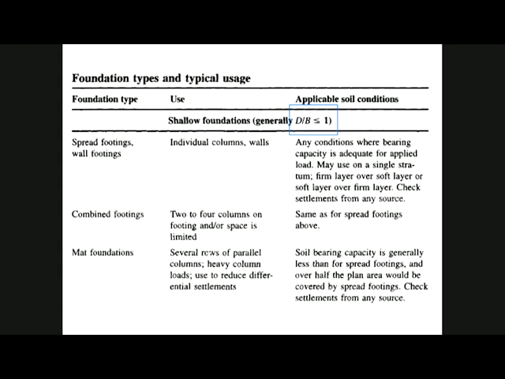Next, combined footings and mat foundations. Spread footings usually support individual columns or walls, single columns or single walls. Combined footings usually support two up to four columns which are somewhat close to each other.